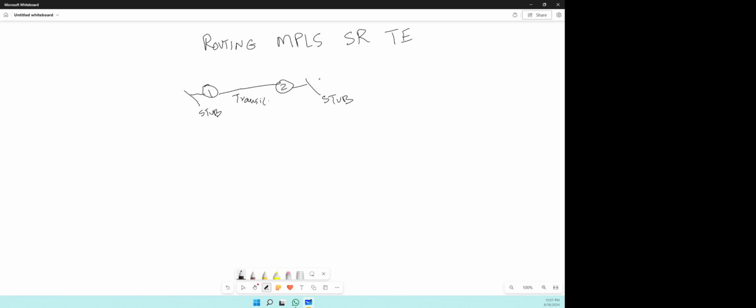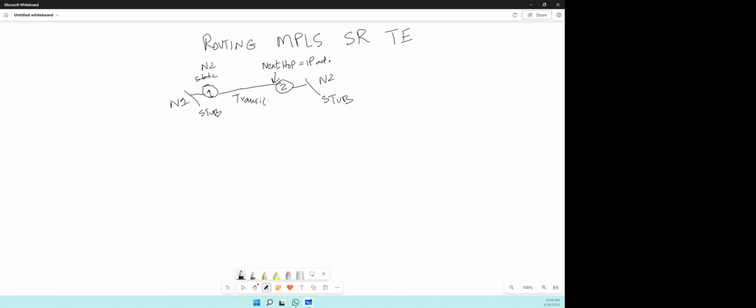So if this guy is N2, network 2, and this guy is N1, for this router 1 to know about N2, you have to put in a static route and tell him, hey, if you want to go to N2, your next hop, keyword is next hop, which is going to be an IP address, is going to be this.